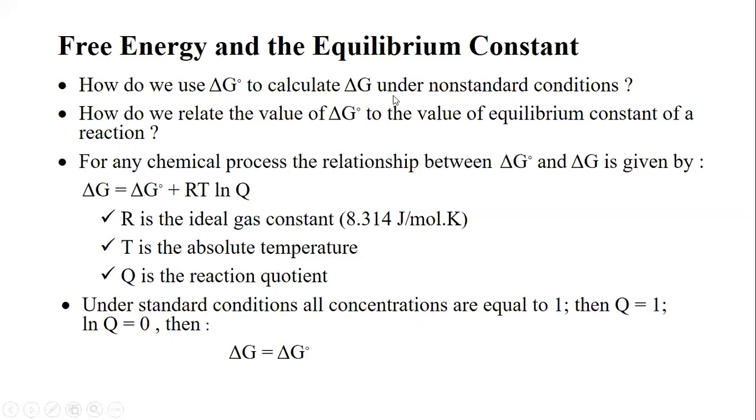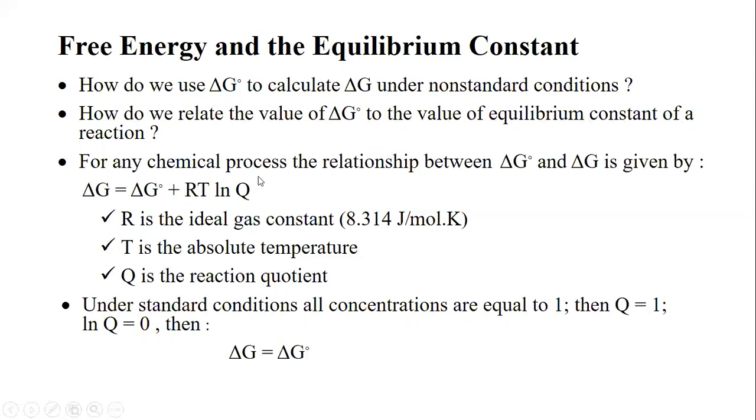But if you have non-standard conditions, how do you get delta G from delta G 0? How do we relate the value of delta G 0 to the value of the equilibrium constant of a reaction? That's what we're really interested in, and then we will see the importance of this relationship between delta G 0 of a reaction and its K, the K of equilibrium.